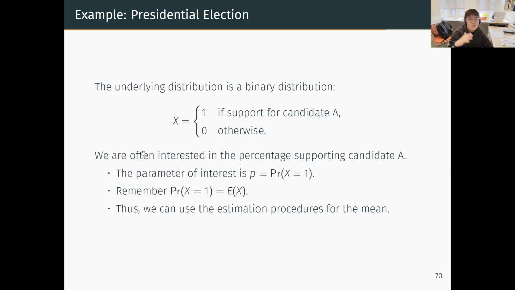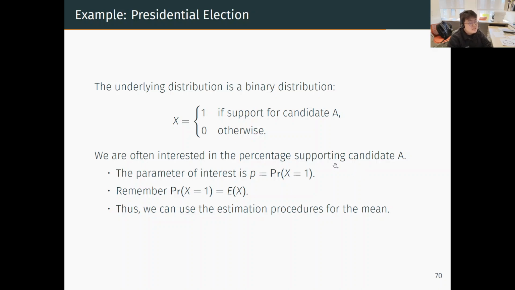There are actually more than two choices, but for the sake of exposition, I'm going to simplify. It's yes or no. Yes, I support the candidate. No, I don't. It is binary. So it is one if you support a specific candidate, and zero if not.